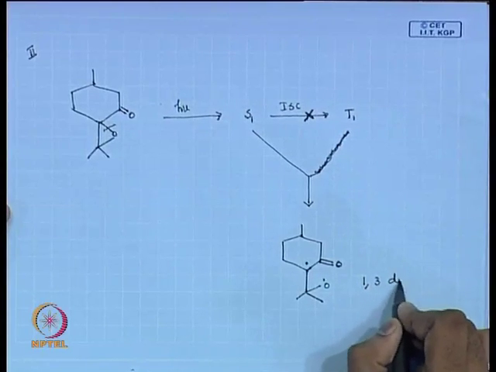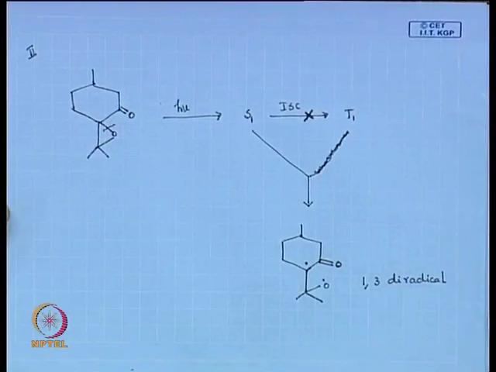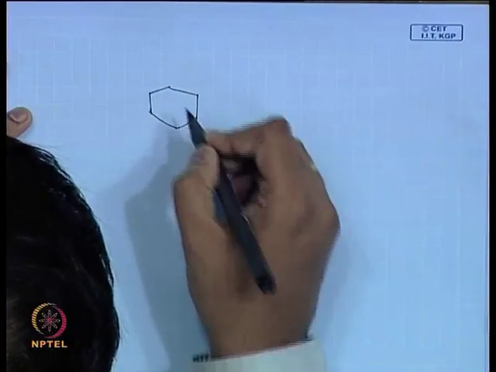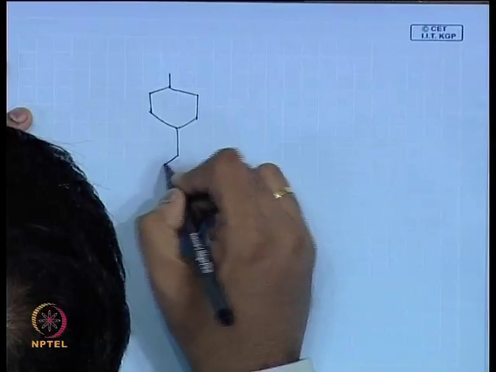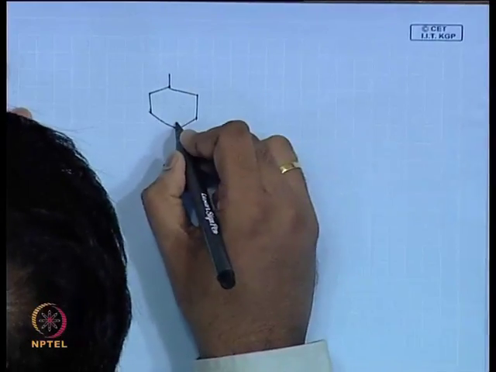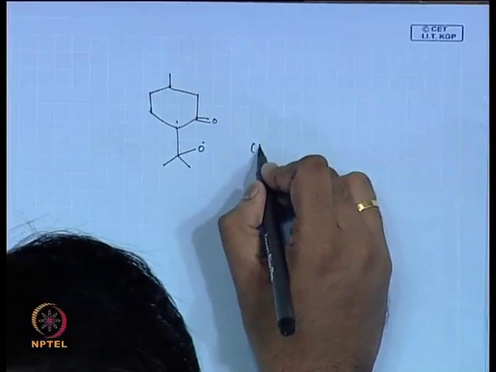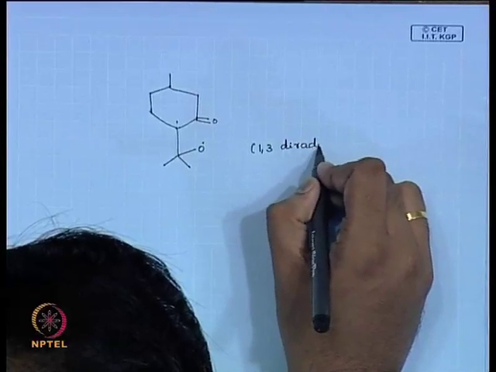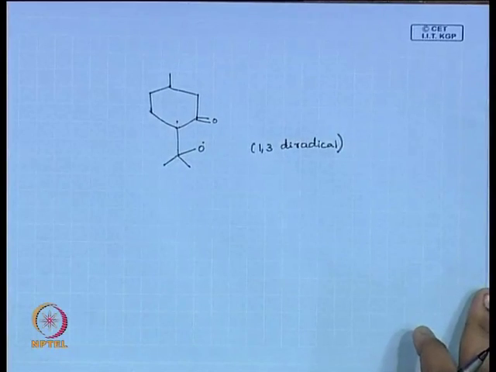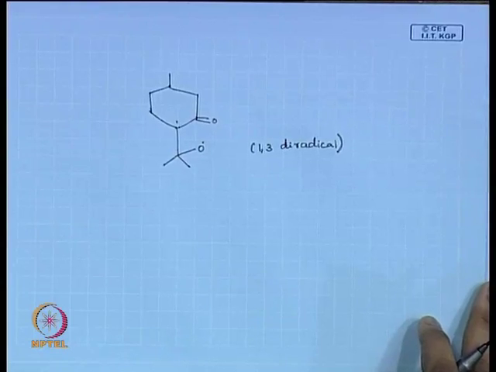Again it is a 1,3 diradical. So, what can this 1,3 diradical do now? Is there any hydrogen I can figure out here?